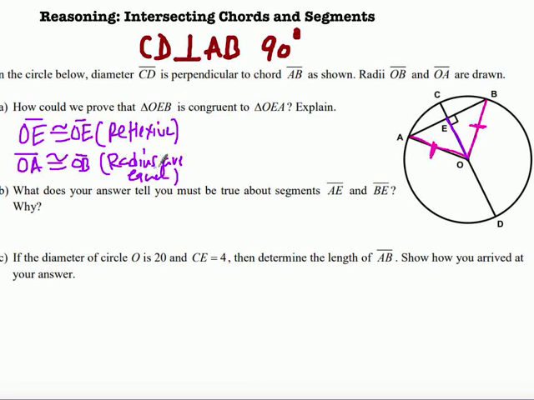Radii are equal. Alright, now we know one of the sides, given in pink and the purple side. If we look at both triangles, they're both right triangles.